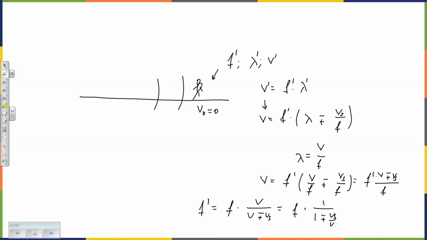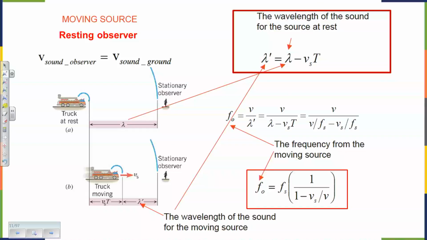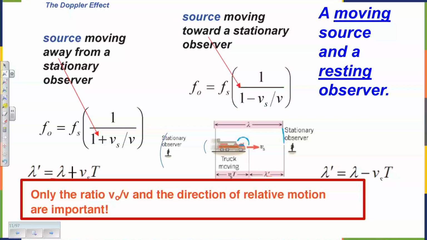So we can't use this for that particular situation anymore. That's why something really strange starts happening when we reach the speed of the sound. And well, these are the equations. And for the observer behind the source, we just have to replace a sign.